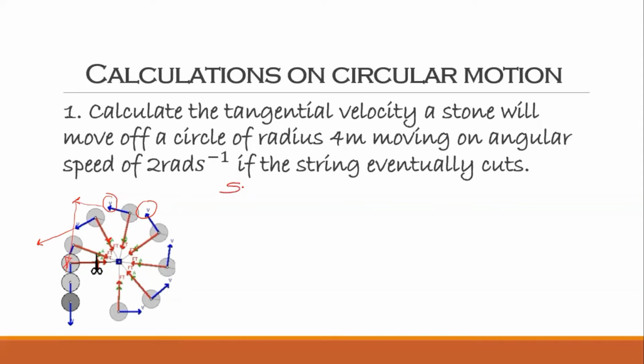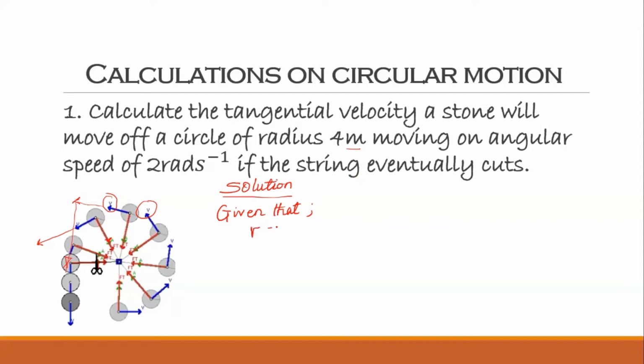Solution. Given that the radius is given, so any time you are dealing with circular motion and the value is in meters or centimeters, you should know that is the radius.